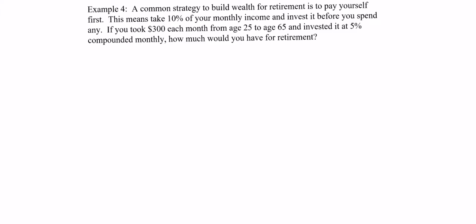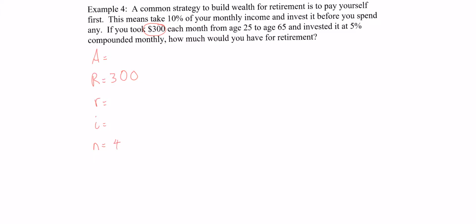Well, the first thing that we have to do is go to our financial advisor, Aaron, and then we're going to tell Aaron all the stuff we know about this. Since we have $300, we're going to save $300 every month, so that is what our R value is.